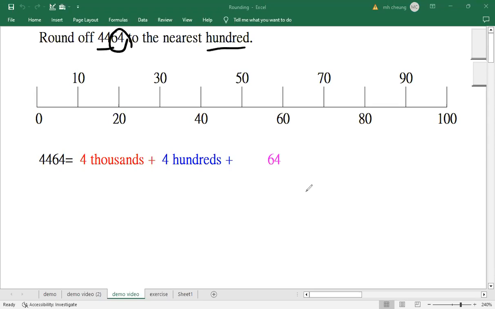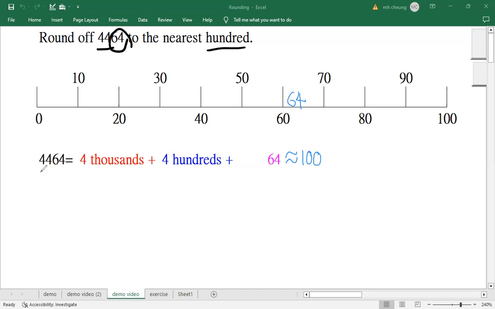We draw a number line from 0 to 100. And now 64 should be in between 60 and 70. And you can see that 64 is close to the 100 end instead of the 0 end. So we will say 64 is roughly equal to 100.